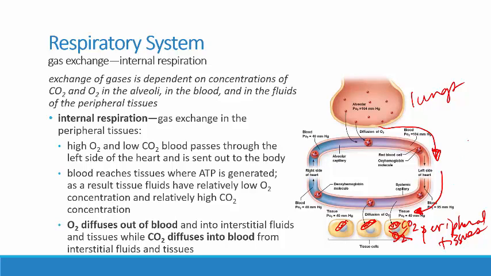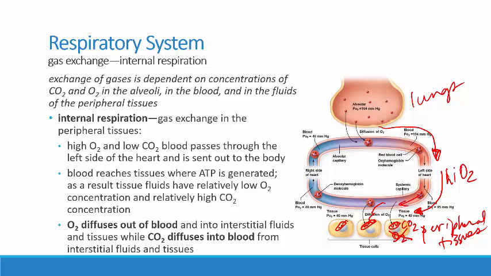And so as the blood comes into the peripheral tissues with high O2, that oxygen will diffuse out into the fluids and then on into the cells, where it gets used up at the mitochondria to make ATP.